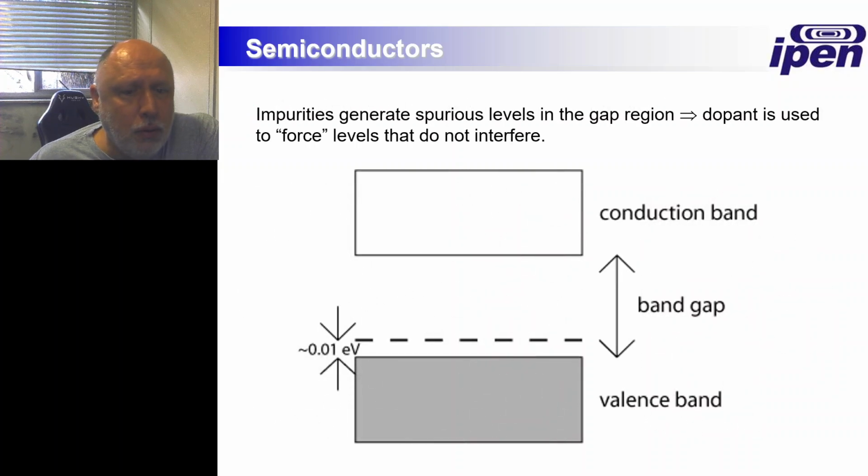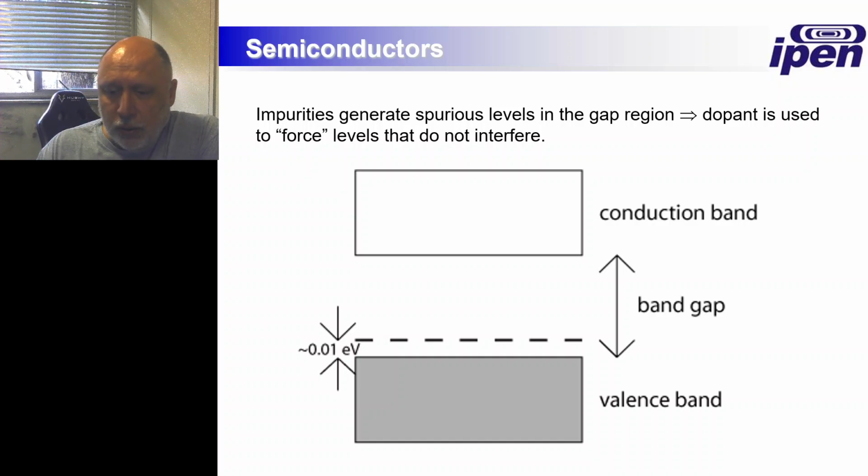So in the old days, we could not control that well the amount of impurities inside your crystal. And that's a problem because then you don't really know the gap. There are spurious levels here, and sometimes you cannot control that. So what we used to do is to use a dopant, right?